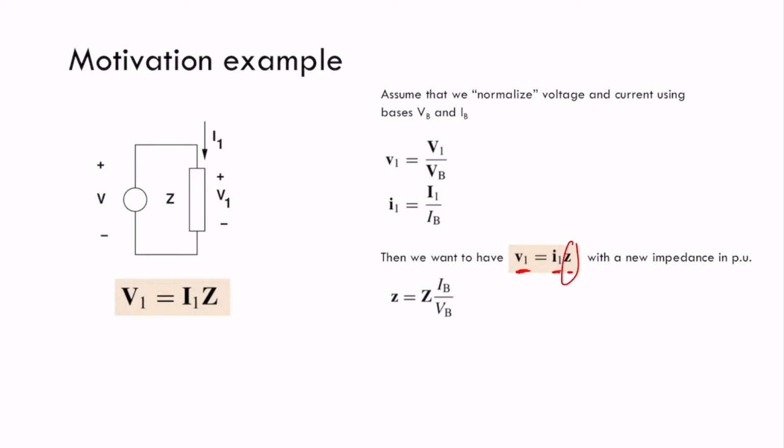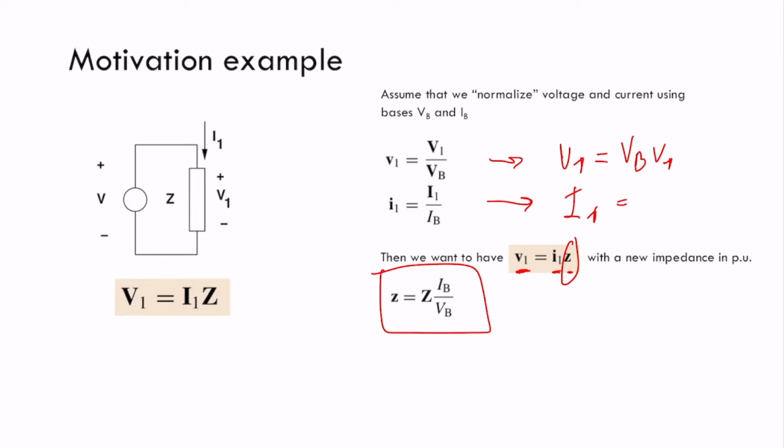But we cannot take just any value of the impedance. We need to normalize by this formula. You see that capital V is equal to the base value times little v, and the capital I is equal to the base value times little i.